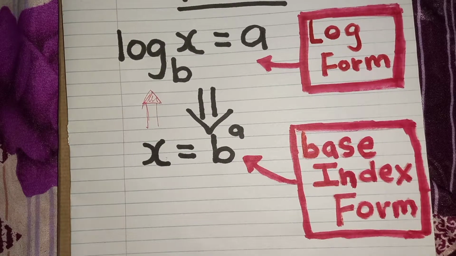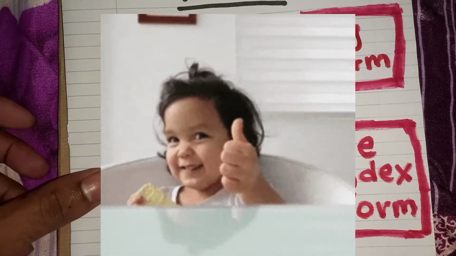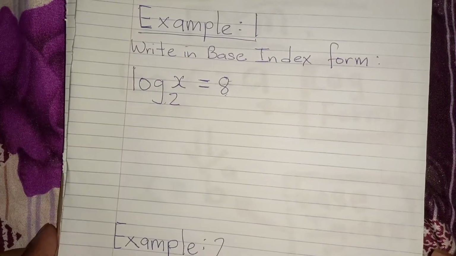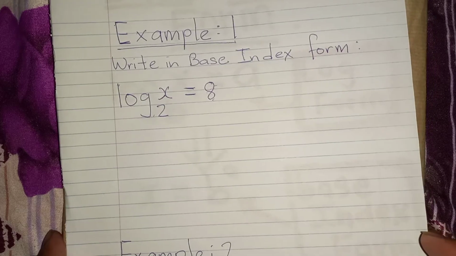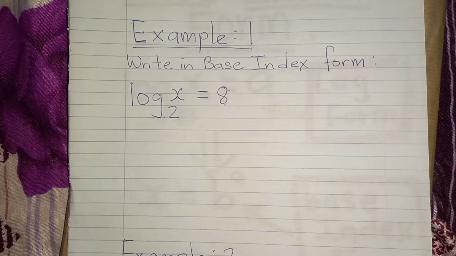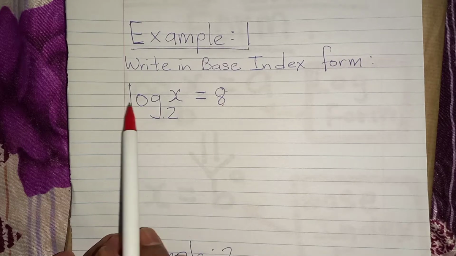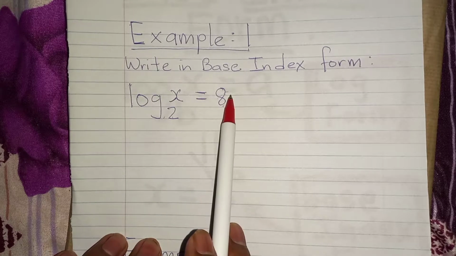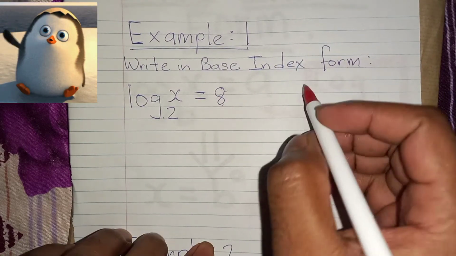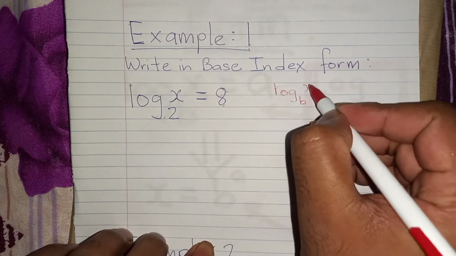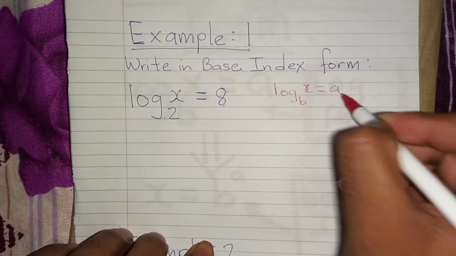So to do that, let's work with some examples. Let's do example number 1, where you have to write in base index form. It is given in log form: log base 2 of x is equal to 8. If I have to write the general log form, this will be log base b of x is equal to a.